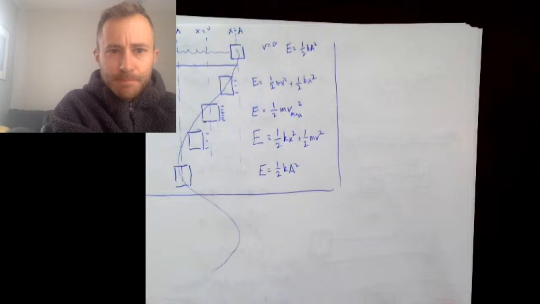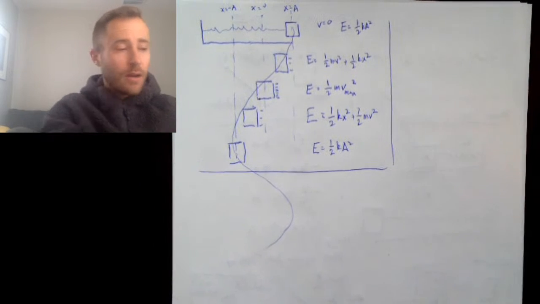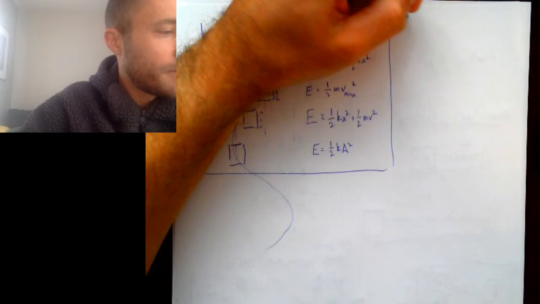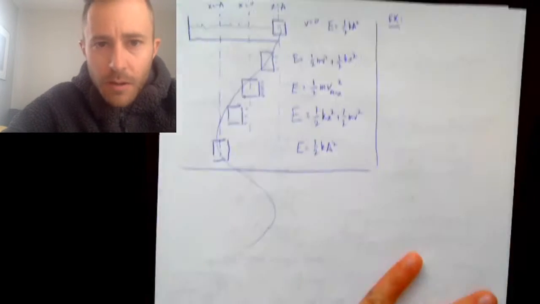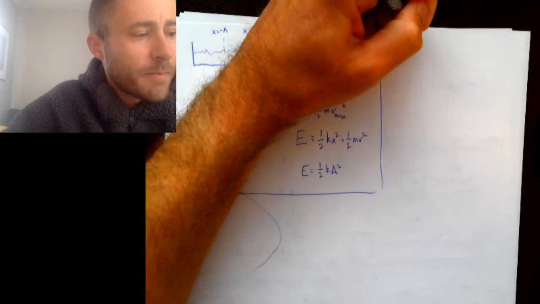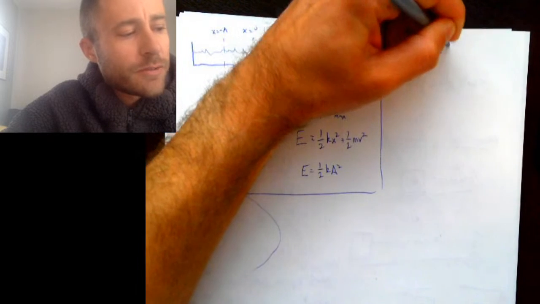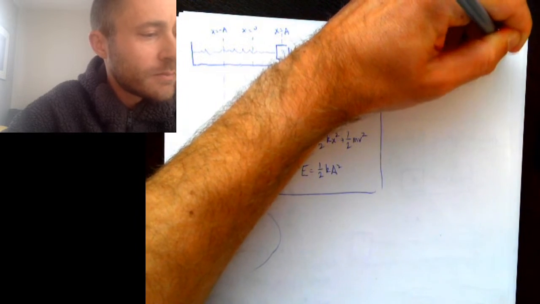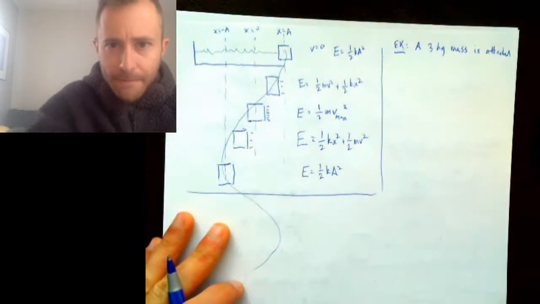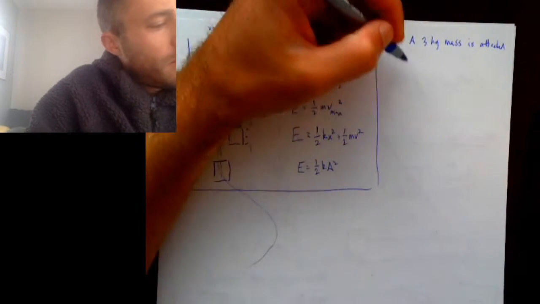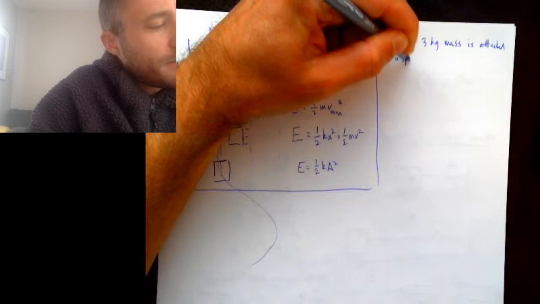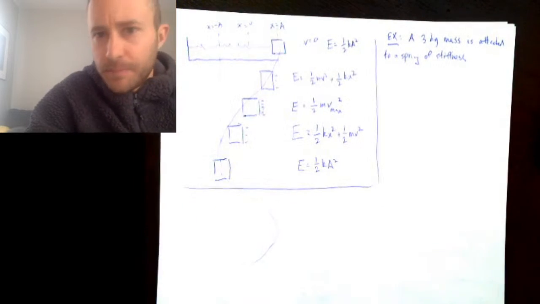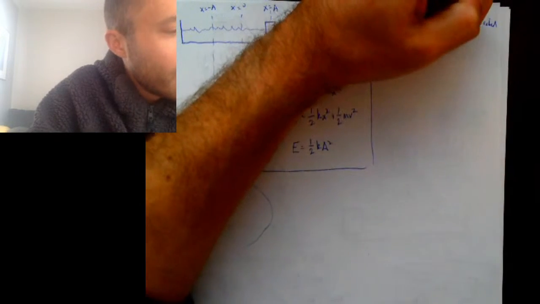So let's do an example. Let's say that a 3 kilogram mass is attached to a spring of stiffness, let's say, 100 newtons per meter.